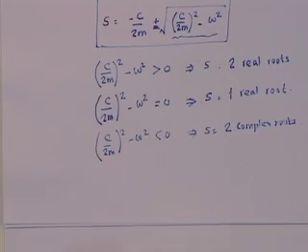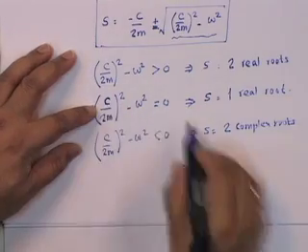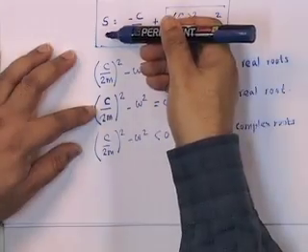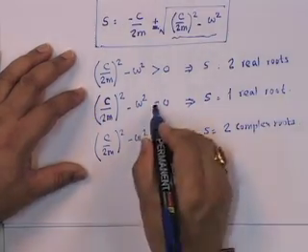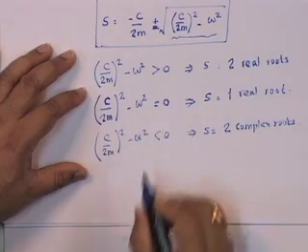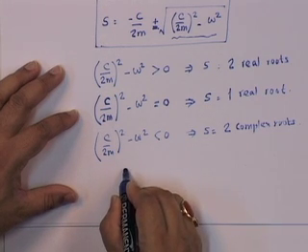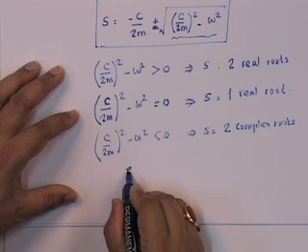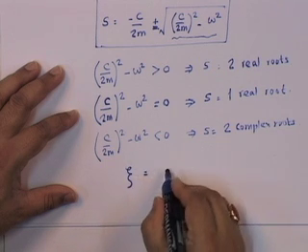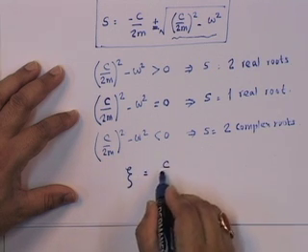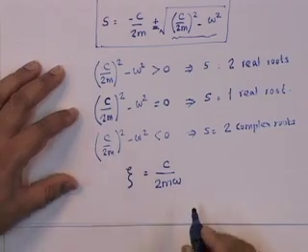Okay. So, therefore, we see that the value of c actually determines what kind of form the solution takes. So, therefore, this c is a very critical parameter, and what we do is we define a parameter zeta, which we call c upon 2m omega, right.